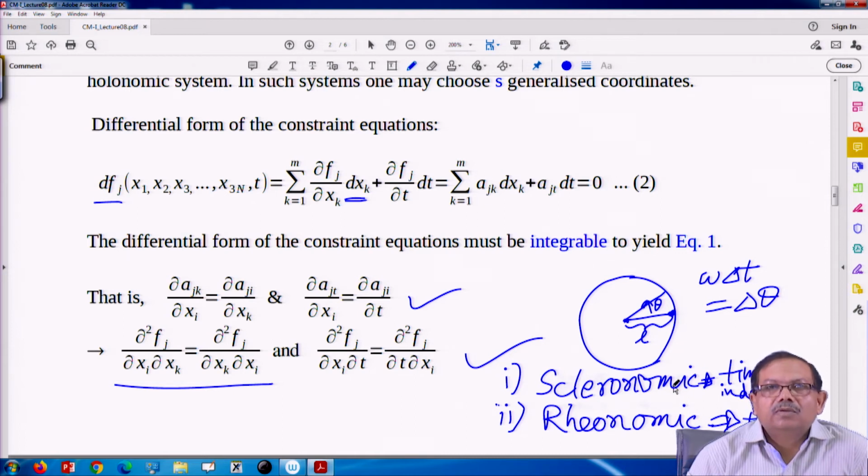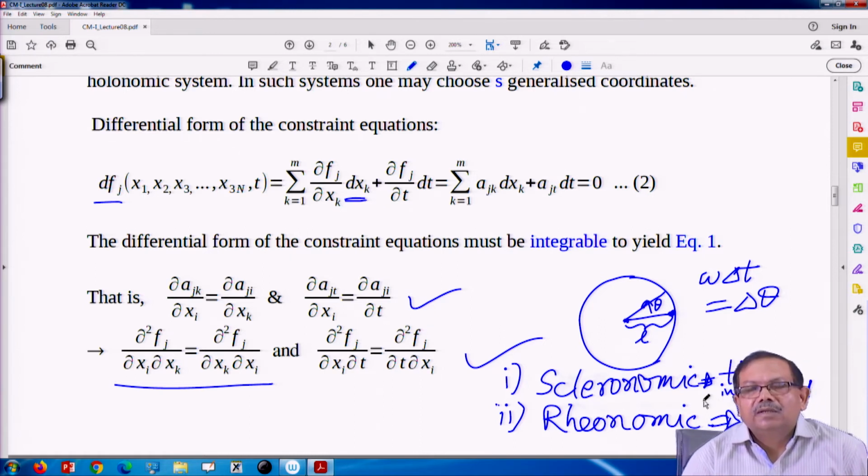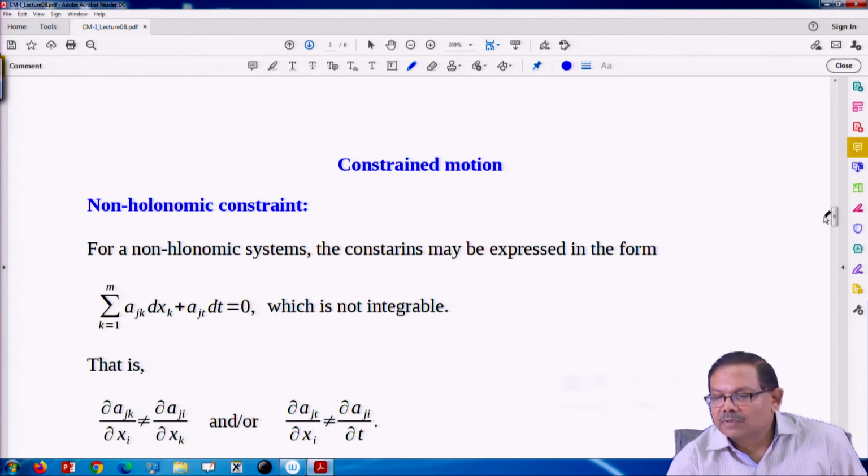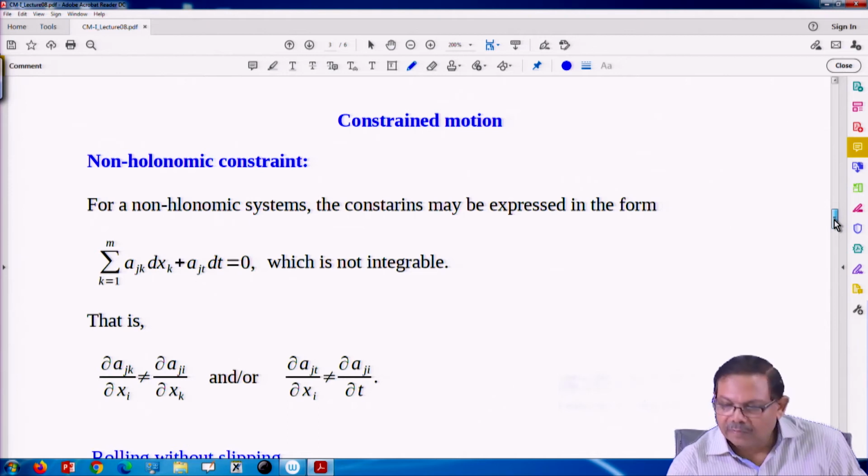They are also called holonomic, but inside holonomic there are differentiation, time dependent and time independent. So, time independent ones are called scleronomic and those which depend on time are called rheonomic, but we can handle them as holonomic constraints. Now comes the non-holonomic one.